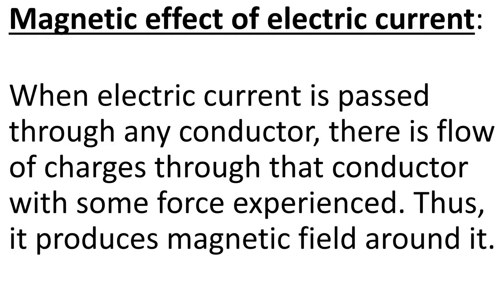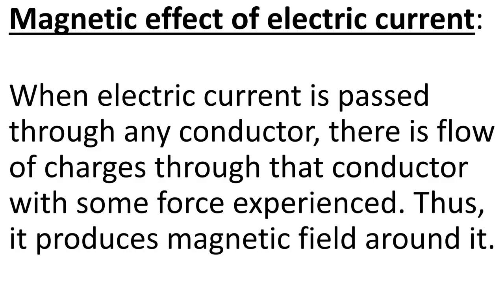Moving on to the magnetic effect of electric current. When electric current is passed through any conductor, there is a flow of charges through that conductor with some force experienced.